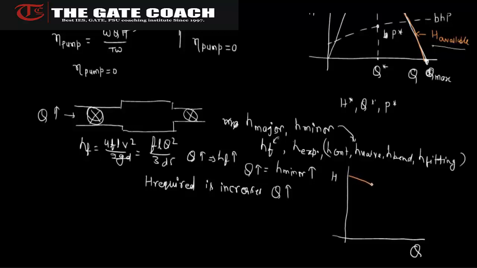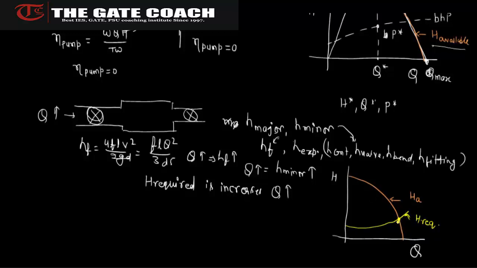This curve is presenting the H available, and let this other curve present the H required. So in the practical problem, both the curves, H available for the pump, and H required for the piping system, are intersecting at a unique point.